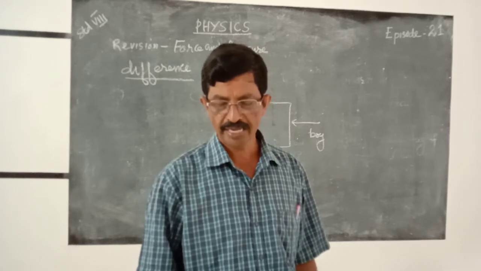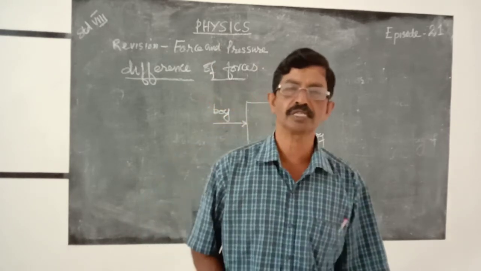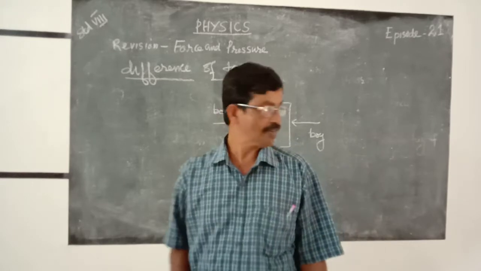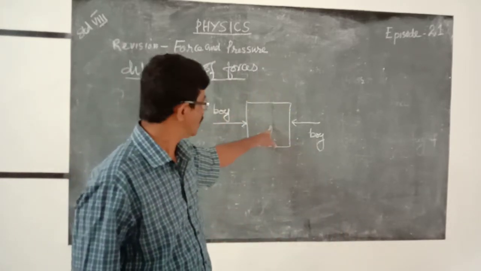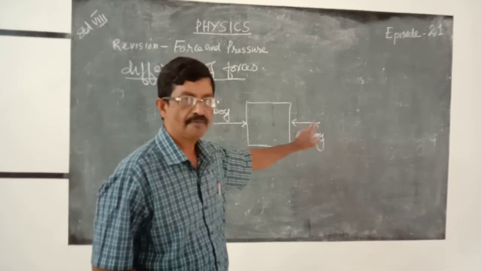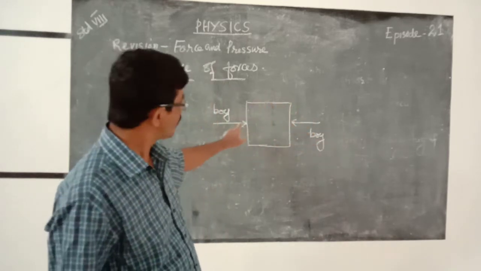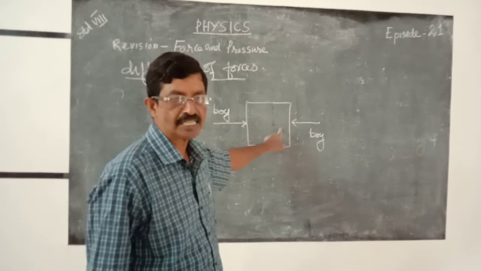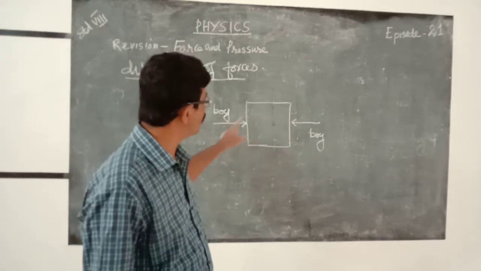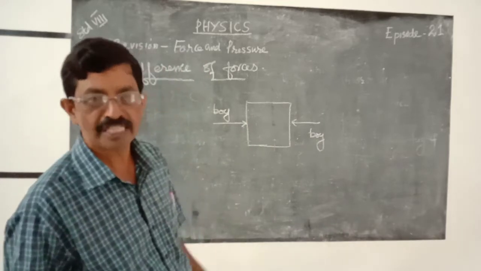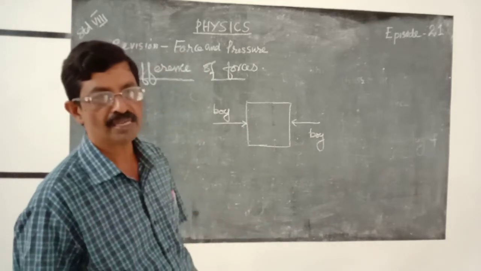See how we express strength of a force. Here when we discussed about difference of forces, in one side the table moves. In which side the force is greater? On that side that table moves.